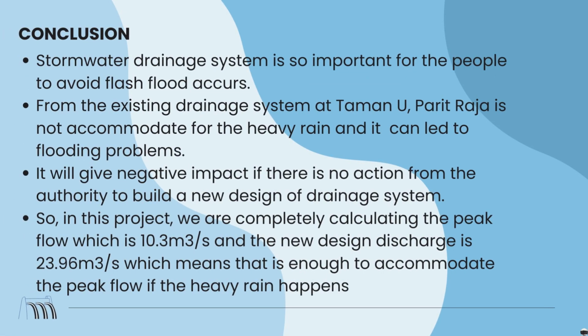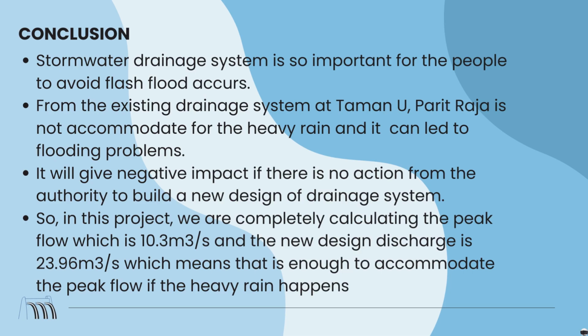Thank you. For the conclusion, overall in this project, the stormwater drainage system is very important for people to avoid flash floods. The existing drainage system at Taman University, Parit Raja cannot accommodate heavy rain, and it can lead to flooding problems.